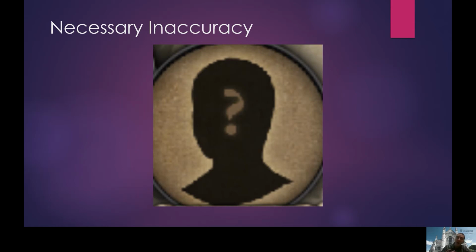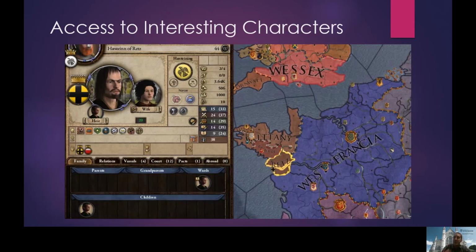Beyond this, these inaccuracies allow access to interesting characters and a more enjoyable experience for the player. Another example of this is Houghton, a semi-mythical Viking warlord from the 9th century. Within the game, like Charlemagne, he's been given inflated stats. He's a hugely accomplished general, but he's also competent in a vast range of other areas.